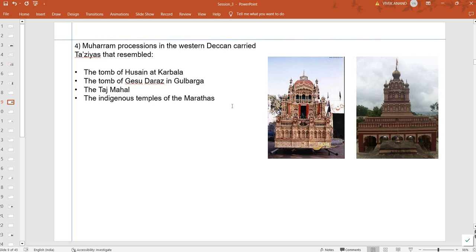In UP, Bihar, and Bengal, you will find Bangla roof in Bengal, even in Bihar. And in UP, you will find four pillars at the corners with bulbous domes and all. Yeah, that's an expression of local artisans, local people. So yeah, the answer is the indigenous temple of Marathas. Let's move to the next question.